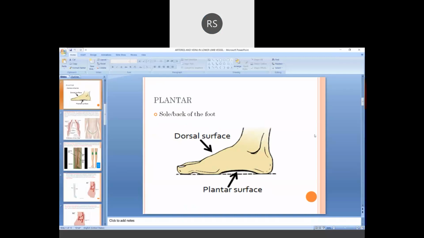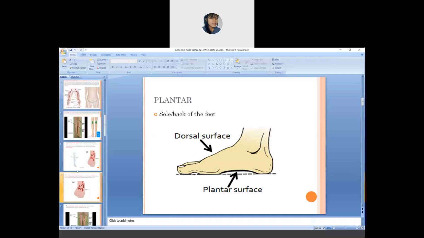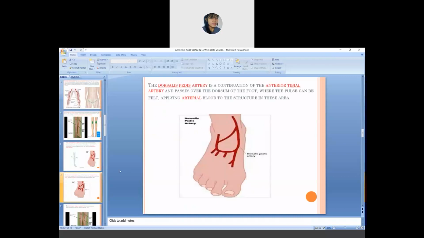Okay, next question goes to Rashmi. Rashmi, can you tell me about the dorsalis pedis artery?